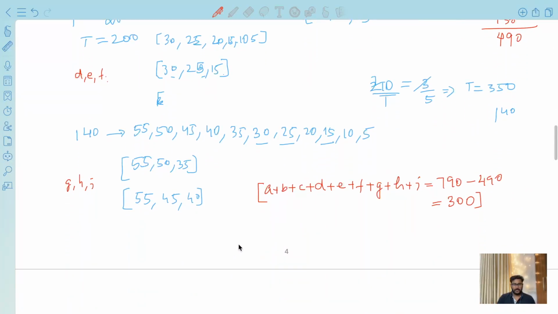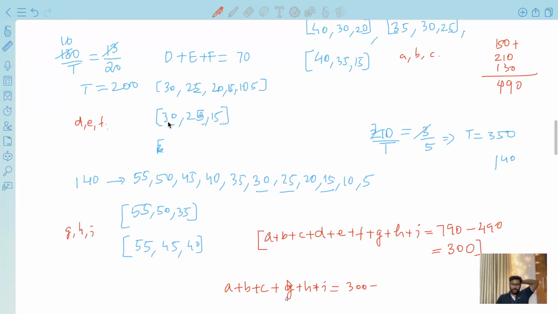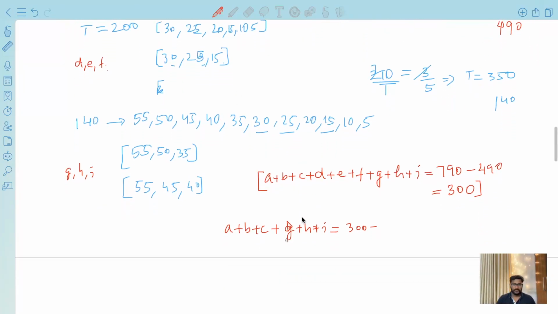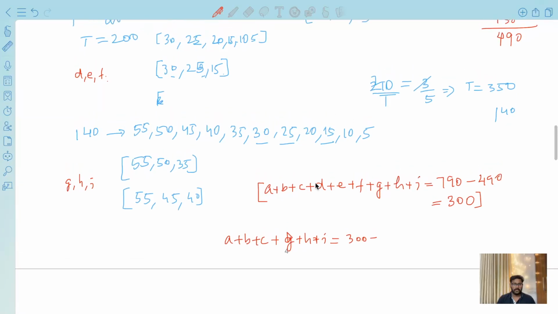That means A plus B plus C plus G plus H plus I is equal to 300 minus 70, that is 230.